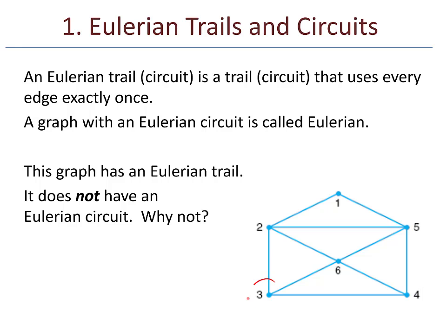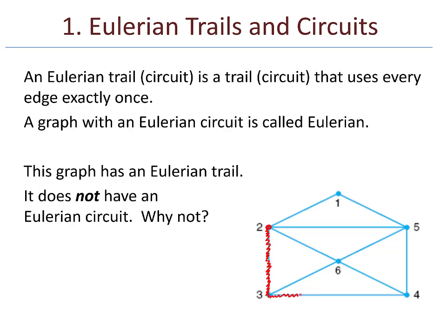Let's think about this vertex at 3. Notice that it has degree 3. So suppose that I'm trying to make a circuit, and I start at 2, and it shouldn't really matter where I start, because if it's a circuit, you'll start and end at the same place. I start at 2, and I make my way down to vertex 3. At this point, I have two choices for leaving vertex 3. It doesn't matter, just pick one, and we leave.